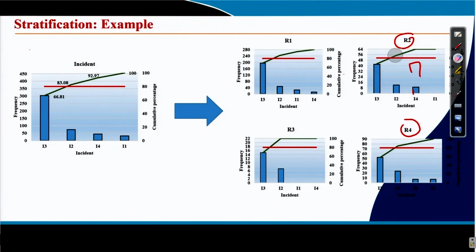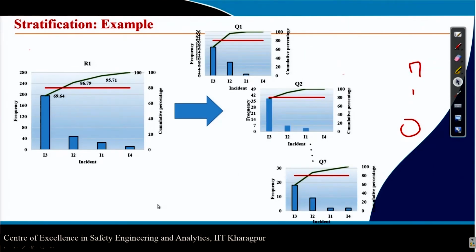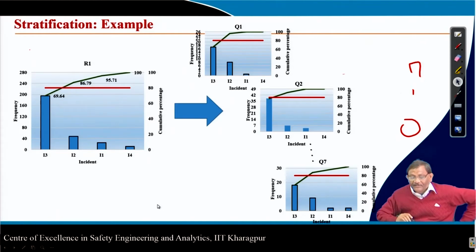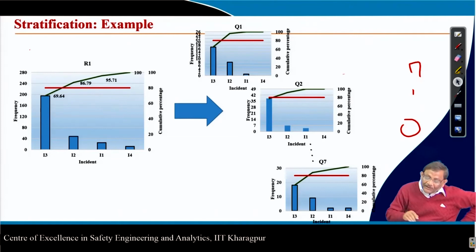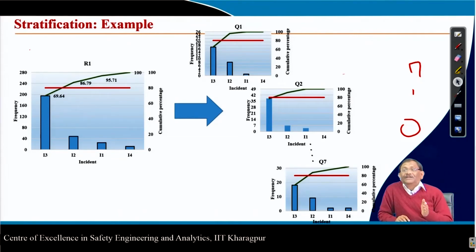This is basically stratifying by one risk control system. Another one: suppose you want to see it over quarters, every quarter, how it is happening. If you think there is a change in a particular quarter from the inspection point of view, meaning inspection quality or number of inspections, then it may so happen that in a particular quarter it will be more because of more number of things.